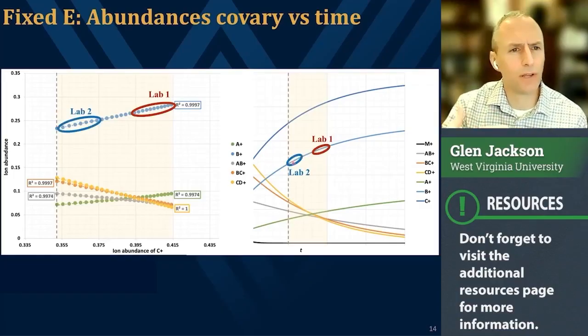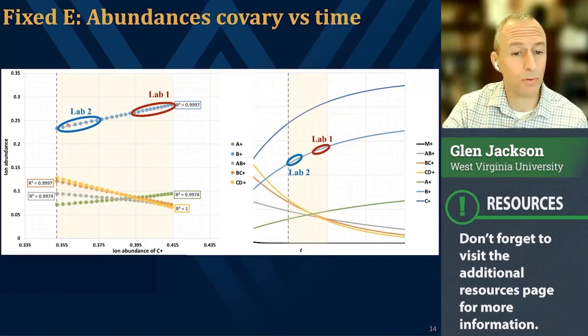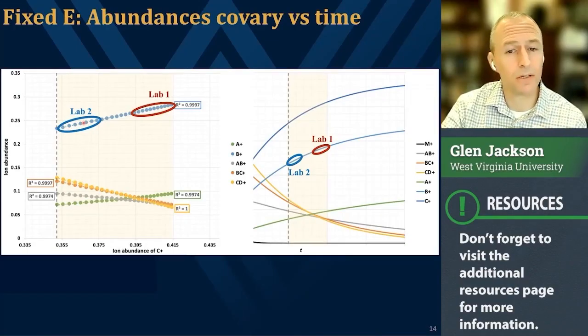Lab 2 might have a different instrument or different operating conditions, and they might be observing their fragmentation kinetics over a slightly different time frame, which would mean that the abundance of this particular fragment after normalization will be something like 0.24. This is to say that the mean of lab 1 and the mean of lab 2 could be very different for a particular drug standard, but if you measure the variance within lab 1 and do a linear correlation, you could extrapolate that linear plot to make predictions down here in lab 2.